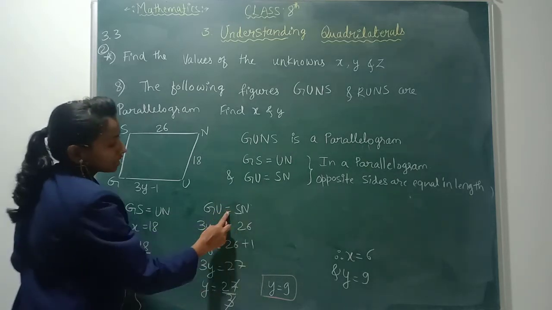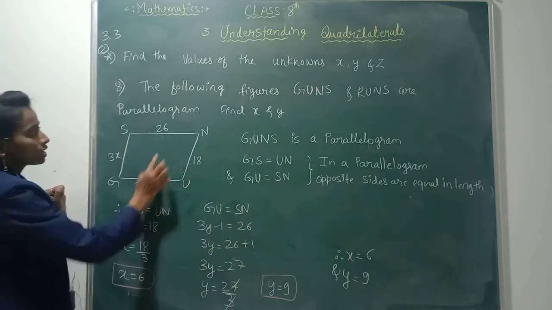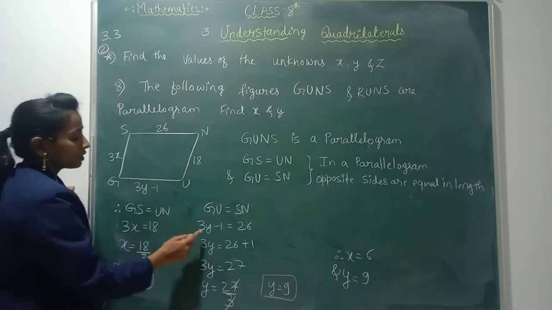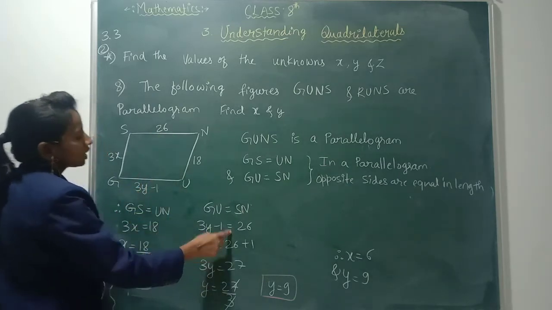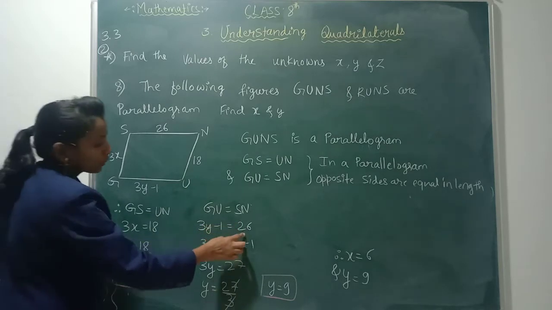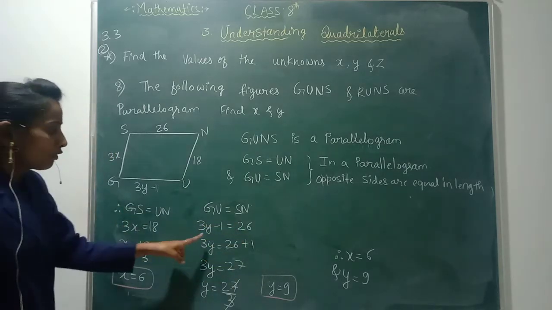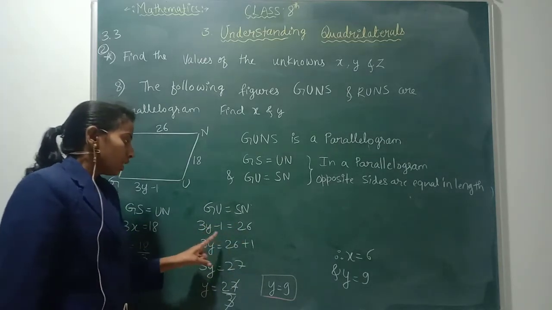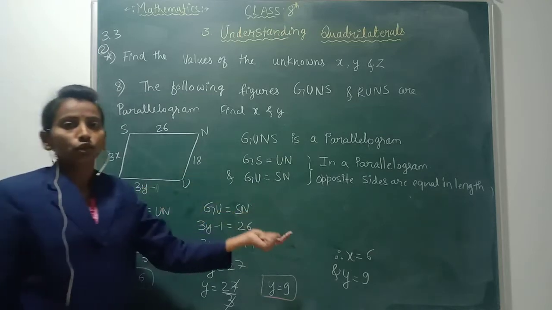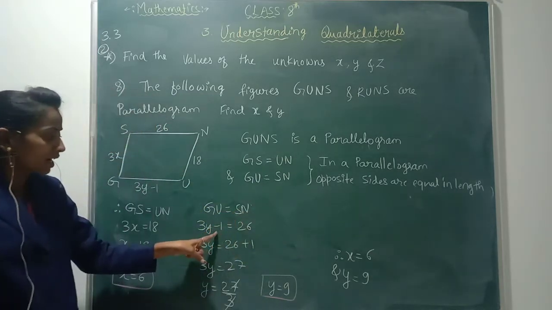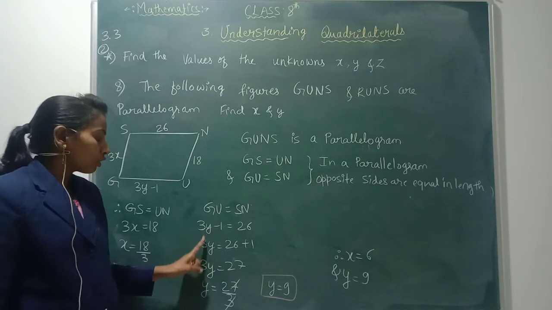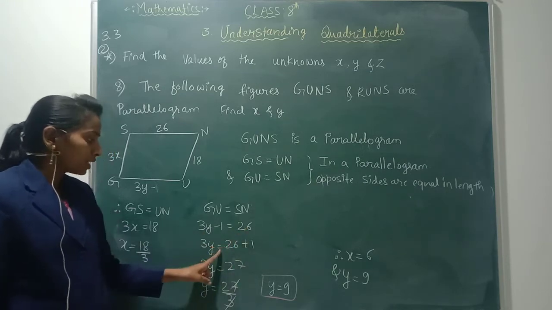Again GU is equal to SN. GU value we have 3Y minus 1 is equal to SN value we have 26. So we are finding Y value, means other quantities we are transposing to the RHS side. First of all minus 1. So 3Y you have to keep as it is equal to 26.